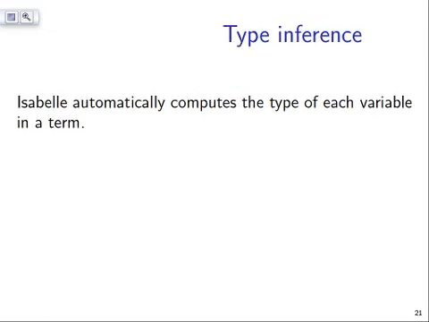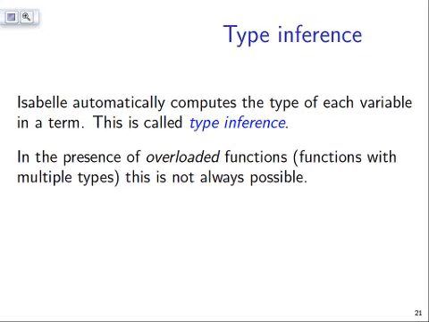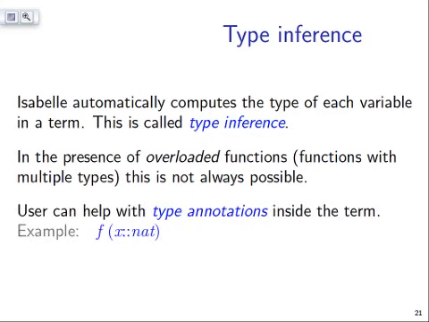Type inference means that the system will compute the types of variables itself. So of course, when you declare a function, you should give the type. But if you write a term with variables in it, you don't have to give the type of the variable. The system will infer that. And this is what all of the functional programming languages provide. There is a complication in the presence of overloaded functions, functions which have multiple types. Then this type inference isn't always possible, and you may have to give type annotations to disambiguate your term.